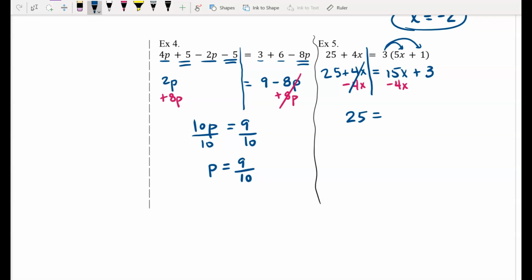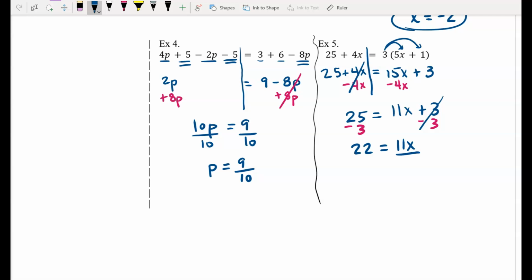And on the other side, 11x plus 3. Now I'm going to subtract the 3 from both sides because I want numbers on one side, variables on the other side. 25 minus 3 is 22, which is equal to 11x because those 3's zero out.